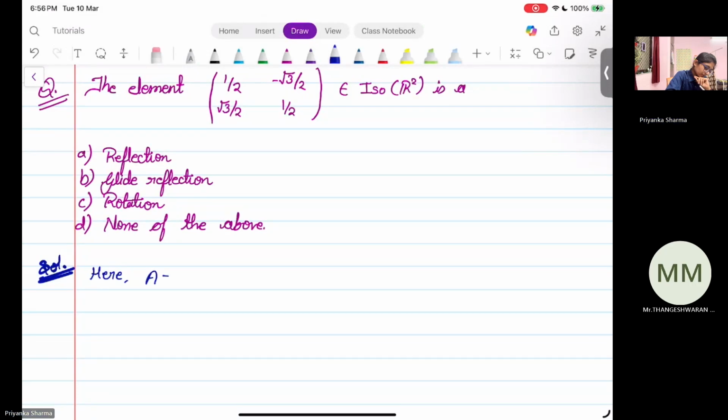Here the matrix A is [1/2, -√3/2; √3/2, 1/2].